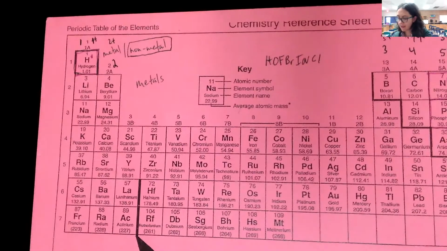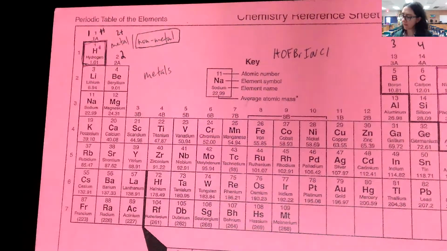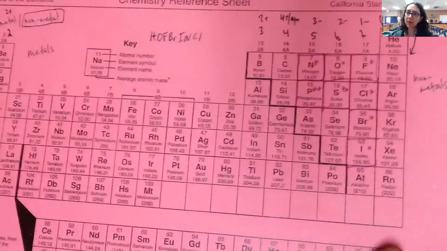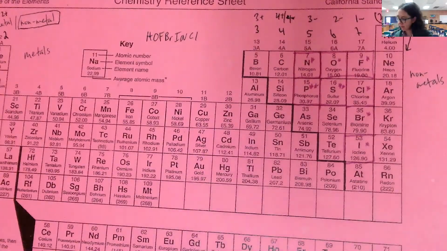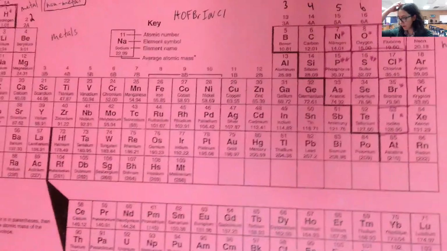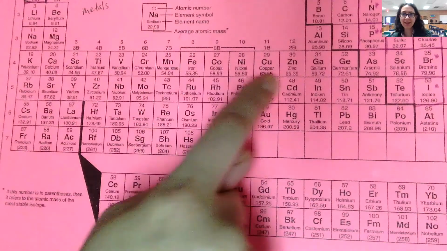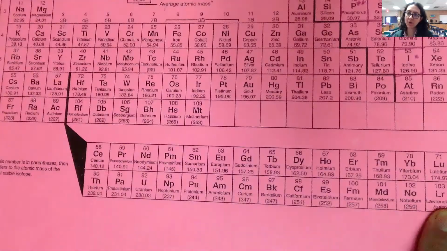So s is represented by a circle, and that's this s block. P orbitals, there's a total of 6 electrons in p orbitals, and that's what this area here represents, because it's 6 across. d orbitals have a total of 10 electrons, which corresponds to this section. And f orbitals are 14 total electrons, which corresponds to this section.